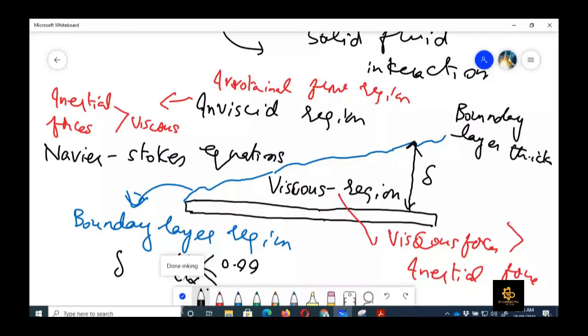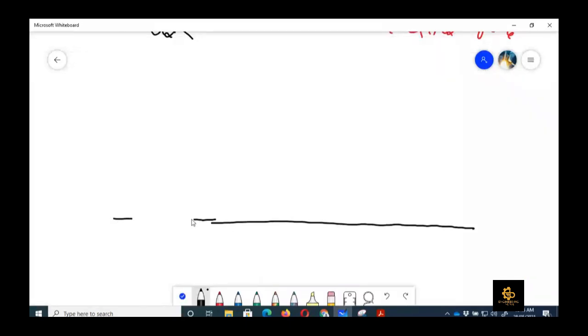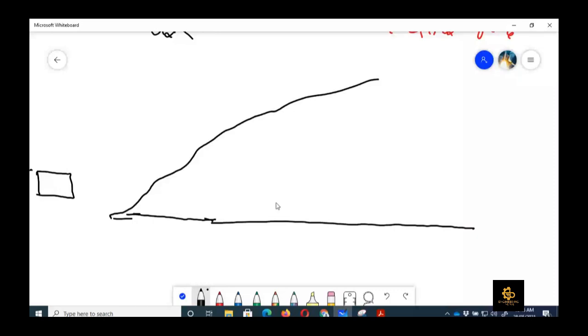So if this was the surface, and here that was the element which was before coming inside the boundary layer. So this is the boundary layer region. Now if I draw this again by a dotted line, the dotted line means that it was the original state.